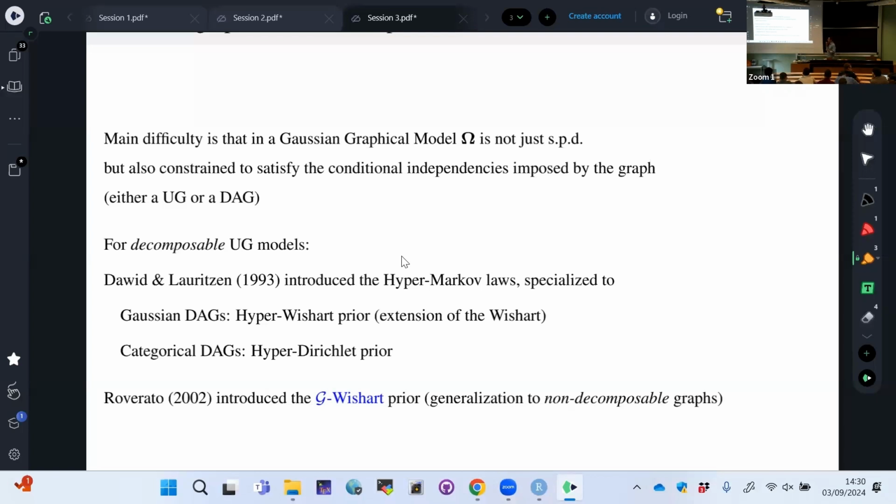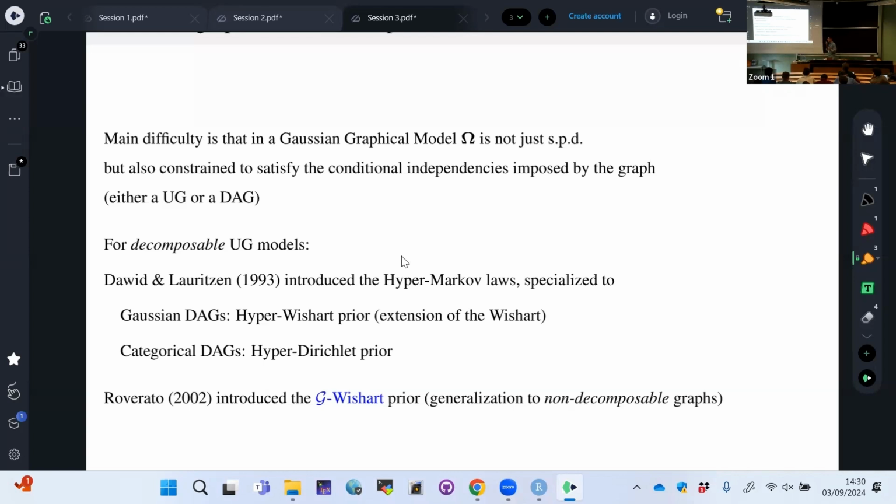This class of priors was specialized to Gaussian models, leading to hyper Wishart or hyper inverse Wishart priors, which are an extension of the Wishart that we summarized this morning, or even to categorical models through the so-called hyper Dirichlet prior.